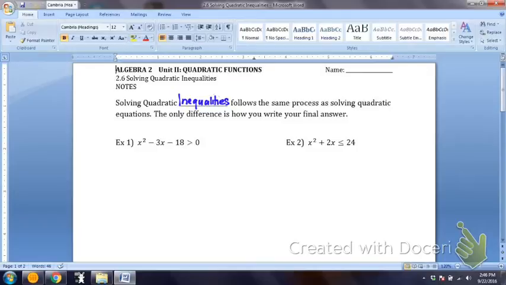So if I have x squared minus 3x minus 18 greater than 0, I'm going to treat this as a normal factoring problem. How would we factor this? X factor. So go ahead and x factor this.